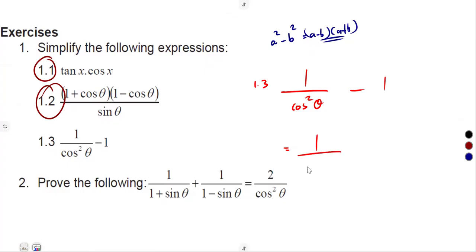We're going to have 1 over cos squared theta, minus. This 1 can be written as cos squared theta over cos squared theta.